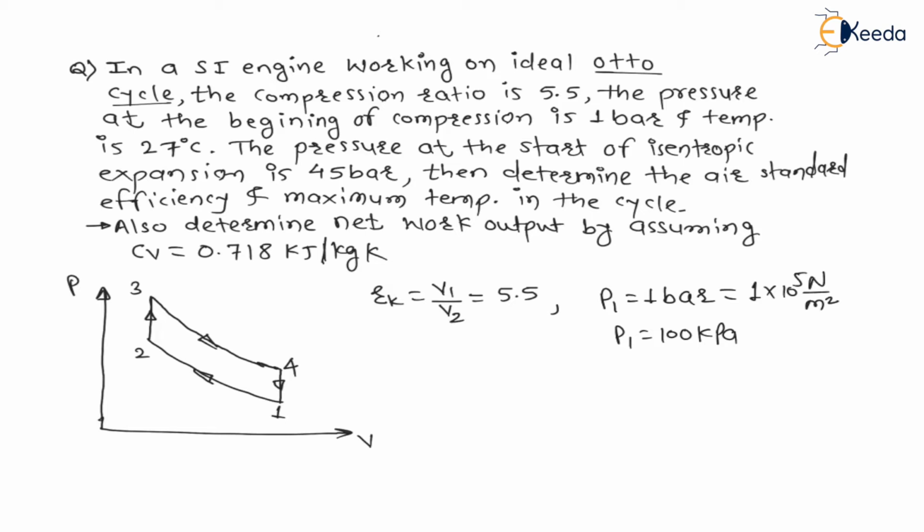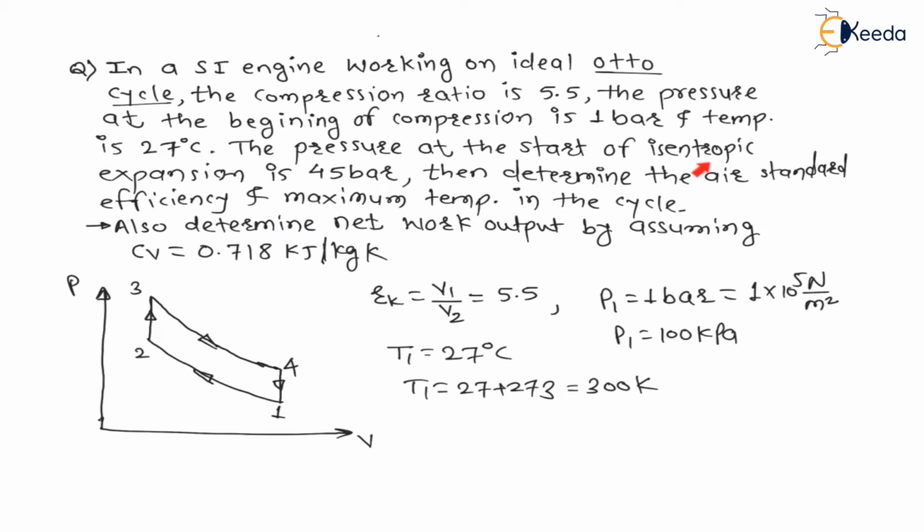And T1, the temperature at the beginning of compression, is 27 degrees Celsius, which is T1 equal to 27 plus 273. We have to consider it in Kelvin, which is nothing but 300 Kelvin.